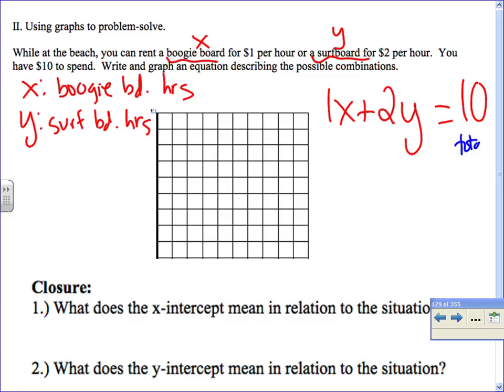So anytime you're given a total, it's going to be in a number x plus a number y equals the total form. So like the 1 relates to boogie board because it's $1 per hour. The 2 relates to surfboard because it's $2 per hour. So it's going to be all the x's and y's on one side, the total on another. Does that make sense? Okay, let's find the x and y intercept, if you haven't already. So if you haven't already found the x and y intercept, go ahead and do that.